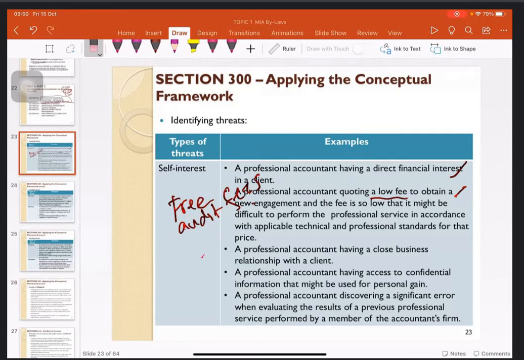Atau apa? I buat amal jariah aja. I bagi free. Baik tak niat you? Baik. Baiklah kan, okay. Tetapi kadang-kadang you bagi free audit fees, tetapi you have other intention.